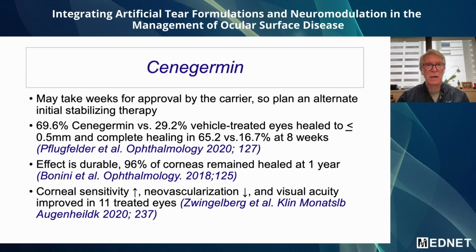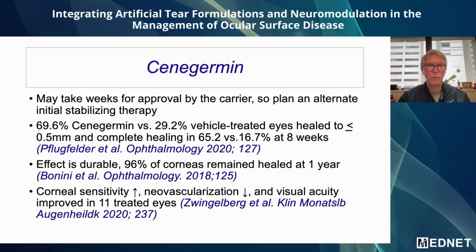Cenegermin may take weeks for approval by the carrier, so plan for an alternative initial stabilizing therapy until the patient can get that treatment. About 70% of cenegermin versus 29% of vehicle-treated patients healed to less than 0.5 millimeter epithelial defects, and complete healing was observed in 65% versus 16.7% in the vehicle group at 8 weeks.